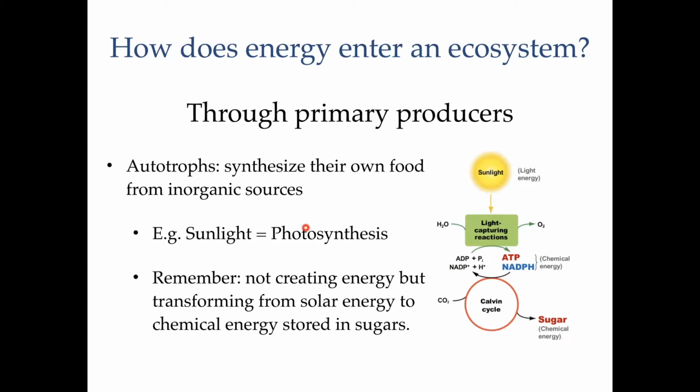We give photosynthesis as an example, but we should remember that that's not the only way. We do have organisms that use other types of inorganic sources to produce energy. For example, in the deep vents, there is still a way to put some energy in the system.